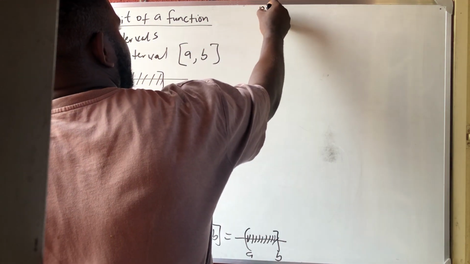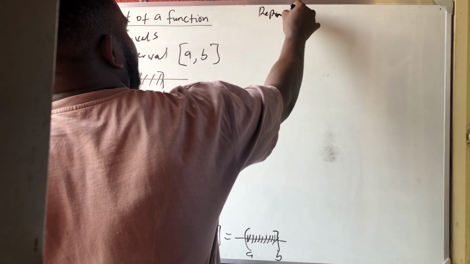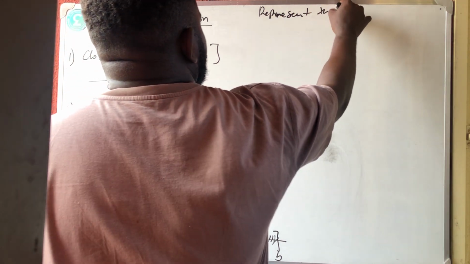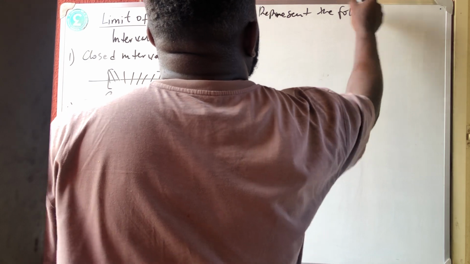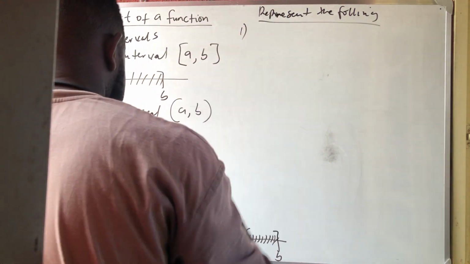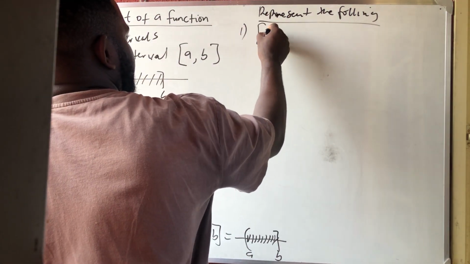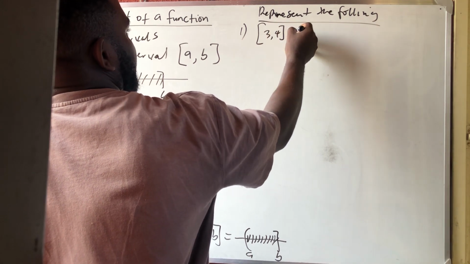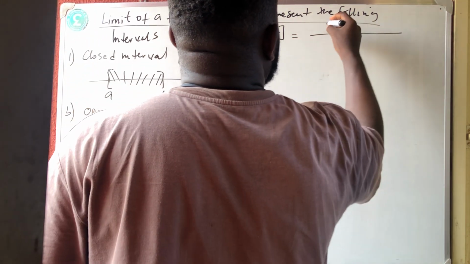Let's represent the following. Number one is [3, 4]. So this one is simply like this.